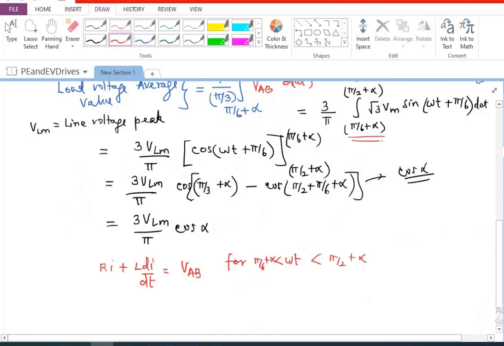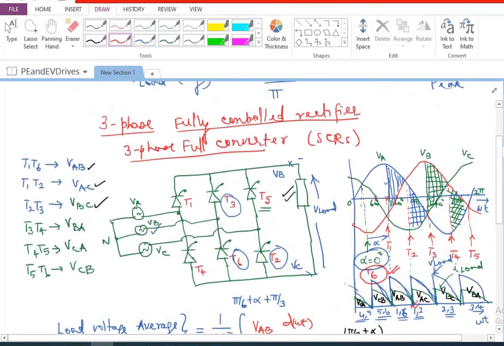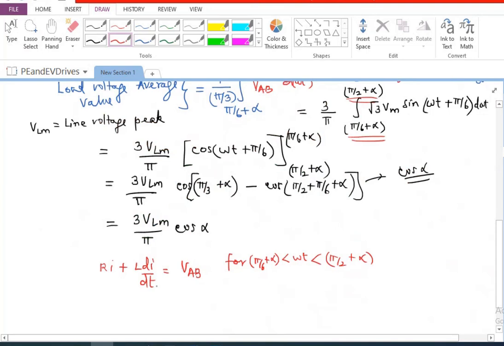That is the integration limit we have put up, so I am putting the same limit. During that time, I am going to have VAB appearing across the load. That is what we said: VAB appears across the load when 1 and 6 are conducting, which will be from pi by 6 plus alpha, this point, to pi by 2 plus alpha. So this is the way it is going to be.